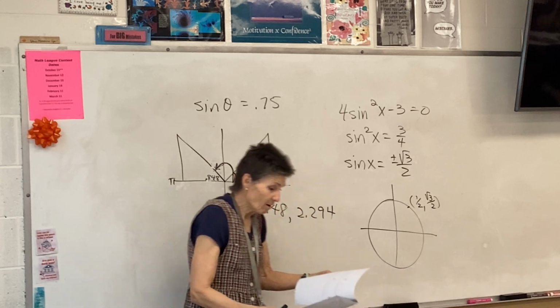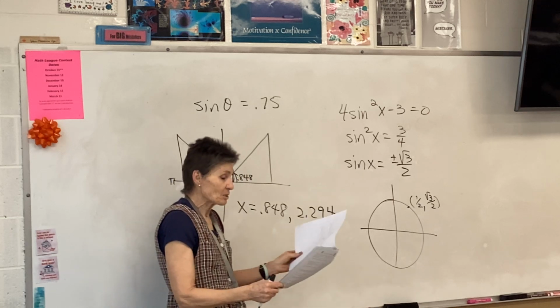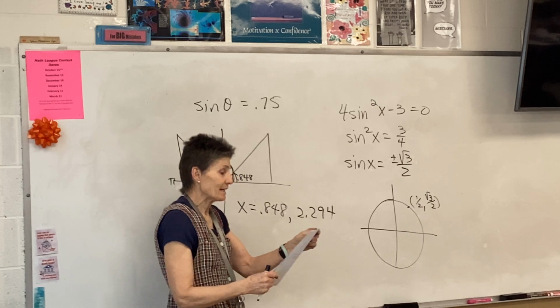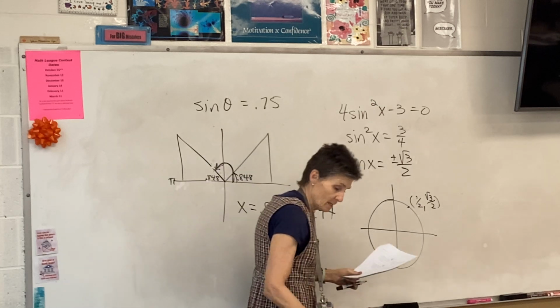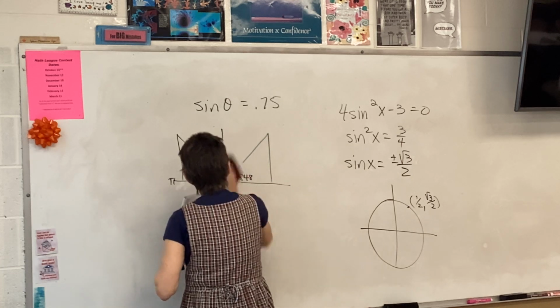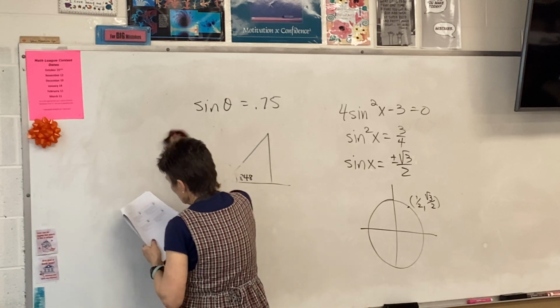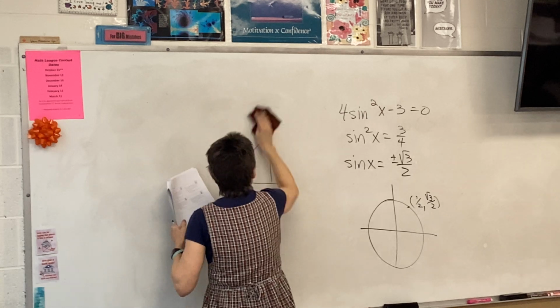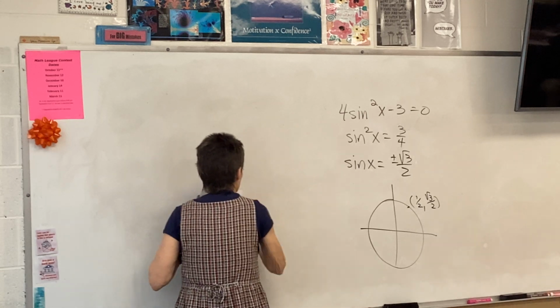Okay, now we're going to skip that last one for a minute. I want everybody to turn to page 15 because we've got to get another inequality done. So let's turn to page 15. And we are going to do problem C, but I'm going to make it an inequality.